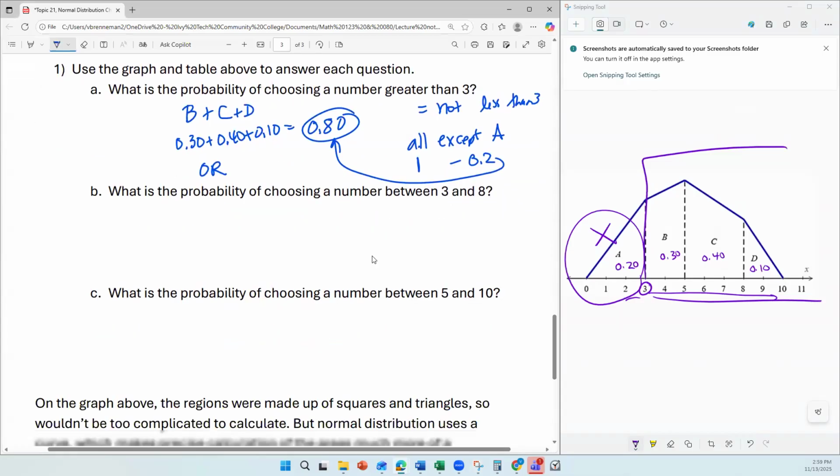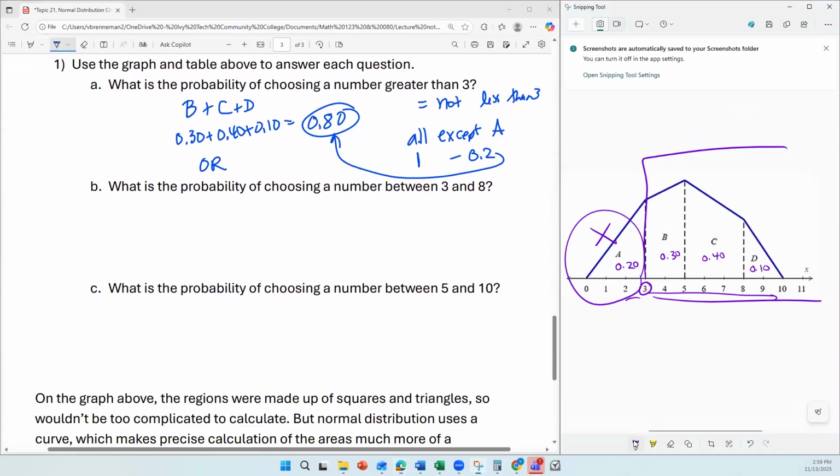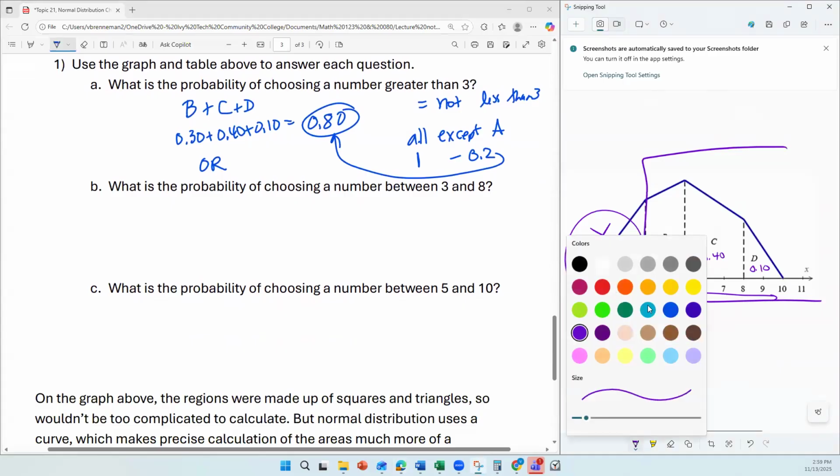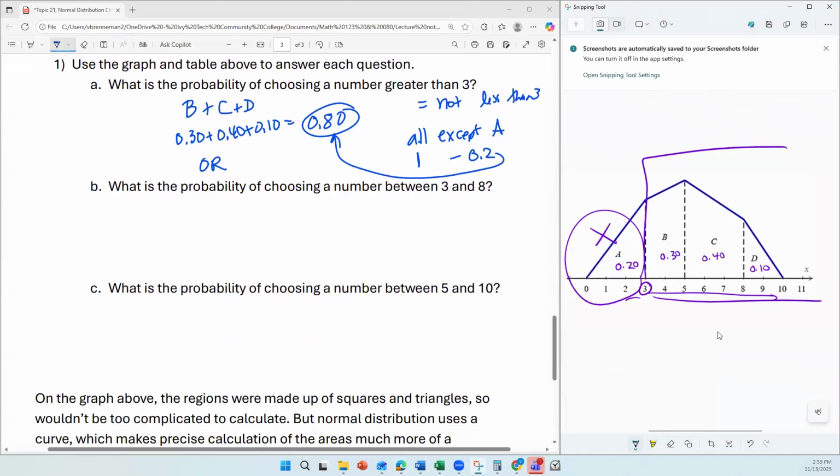Then what's the probability of choosing a number between 3 and 8? So between 3 and 8, here's my 3, here's my 8. Between 3 and 8 would be these two regions, B and C. So 0.3 plus 0.4 is 0.7.